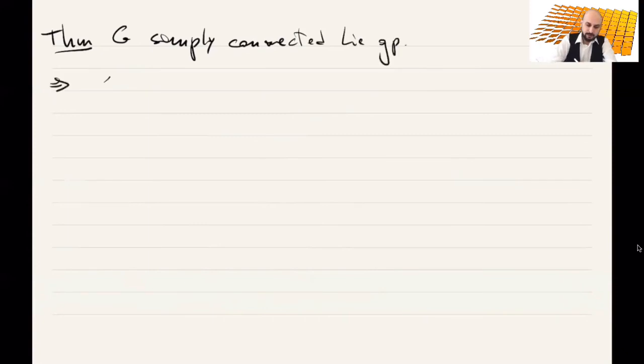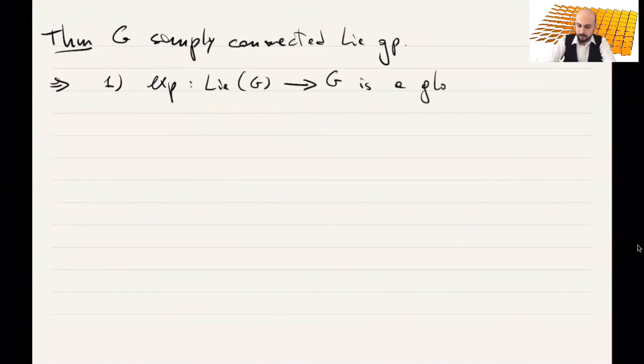Then, first fact is the exponential map from the Lie algebra of G into G is a global diffeo. Remember, we already know that it's a diffeo between a neighborhood of 0 and a neighborhood of the identity. But in general, for arbitrary Lie groups, the exponential map may not be surjective, might not even be injective.